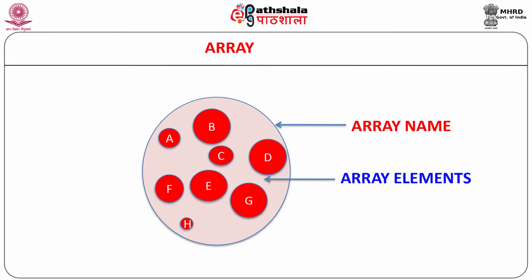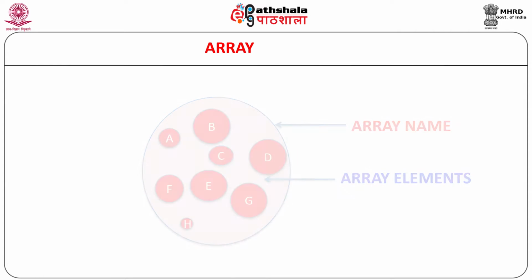The main circle is labeled as the array name, whereas the internal circles are the array elements. Various array elements are labeled as A, B, C, D, E, F, G and H. It means there are a total of 8 elements in the array.